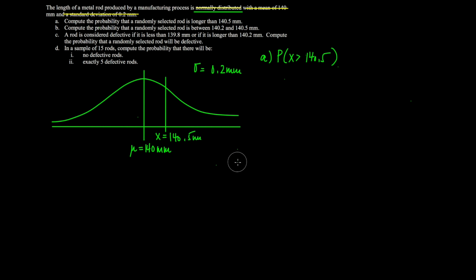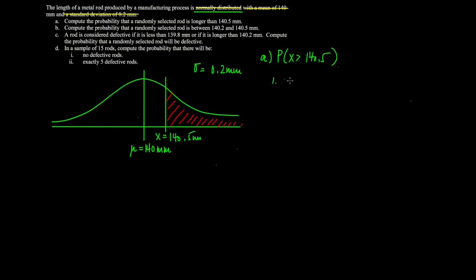What do they want? Essentially, they want the probability that a rod is longer than this. So they want this portion of the bell-shaped curve, right? So how do we determine this? We first need our z-score, and then with our z-score, we're going to be able to go look at the z-table for the probability, okay?